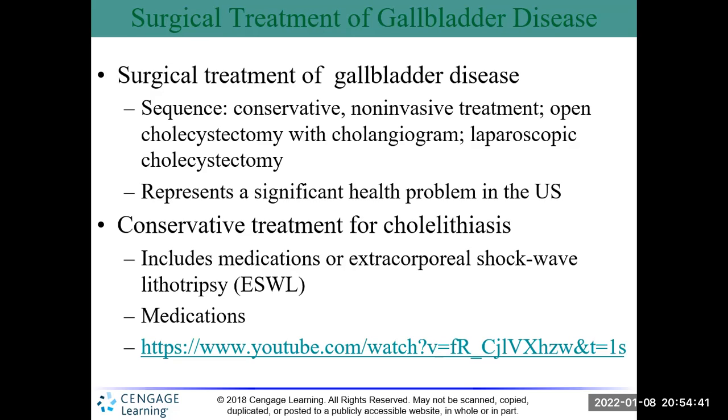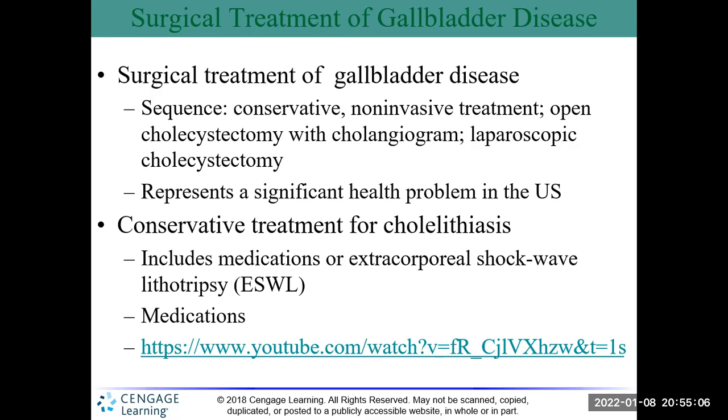That way there's going to be imaging done during the procedure, and then the next option would be a laparoscopic cholecystectomy. Gallbladder disease is pretty common in the US, and a lot of people have their gallbladder removed.